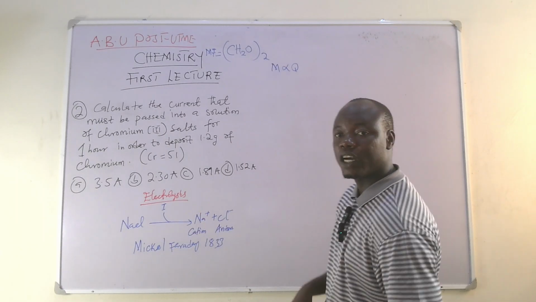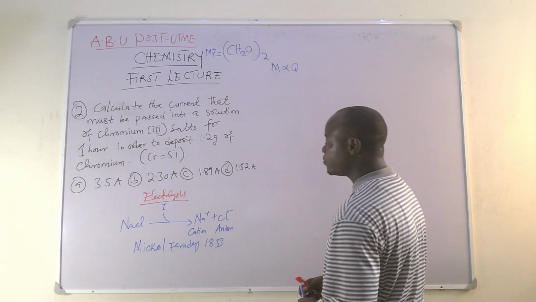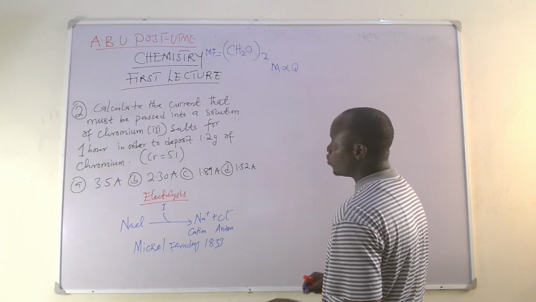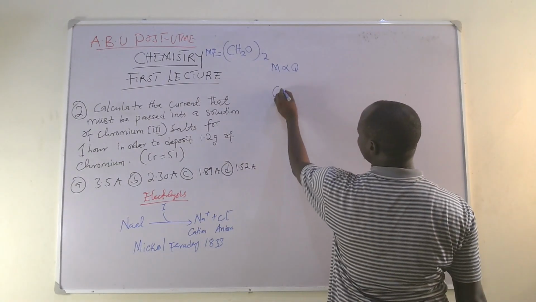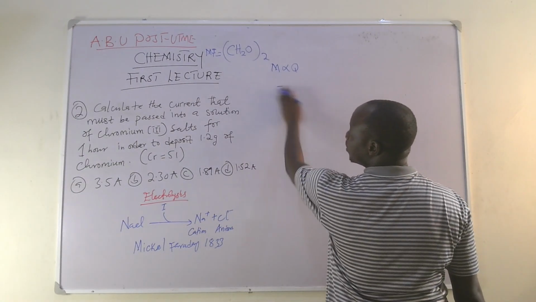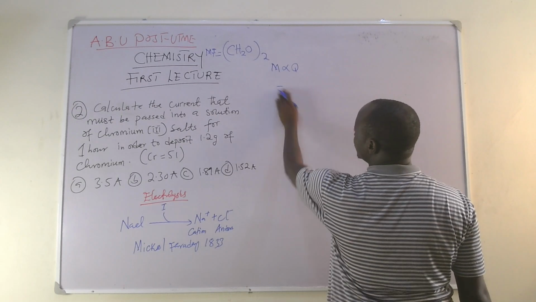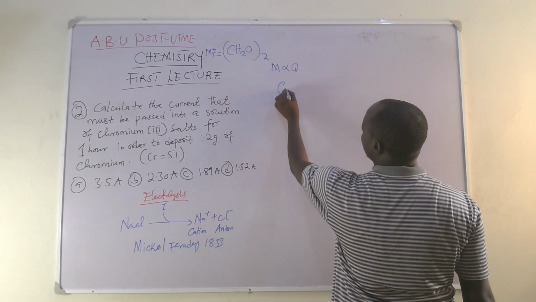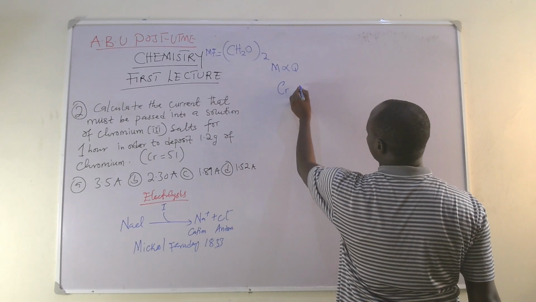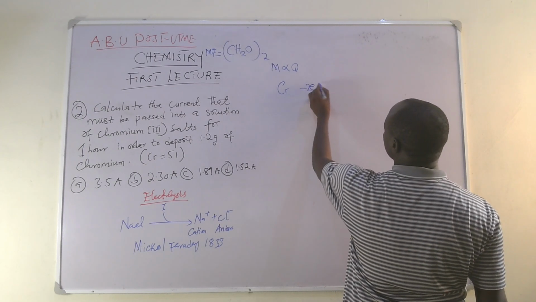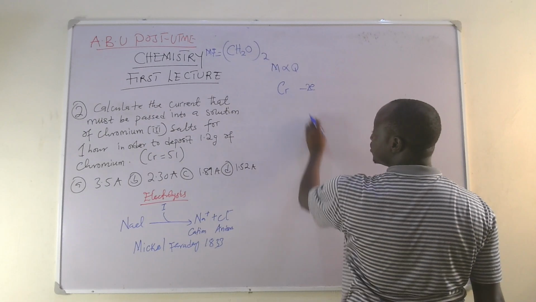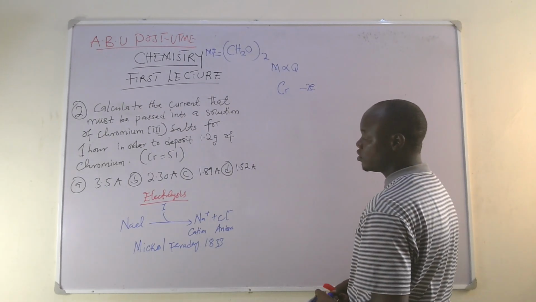Now, without wasting much of our time, let's see how we are going to calculate this. First, you have chromium salt, which is Cr, and this Cr during electrolysis loses electrons.